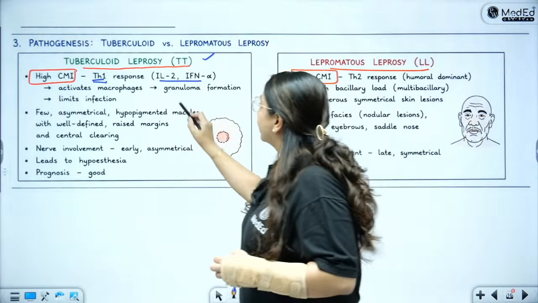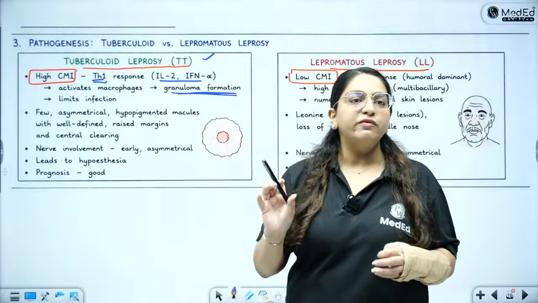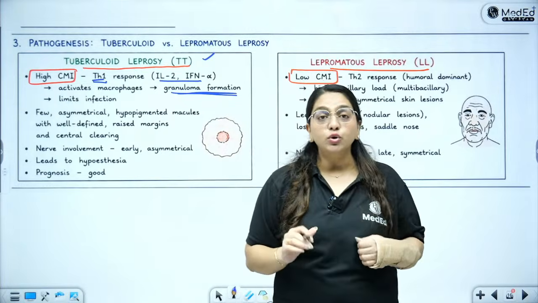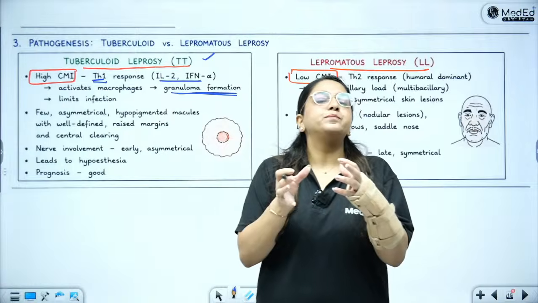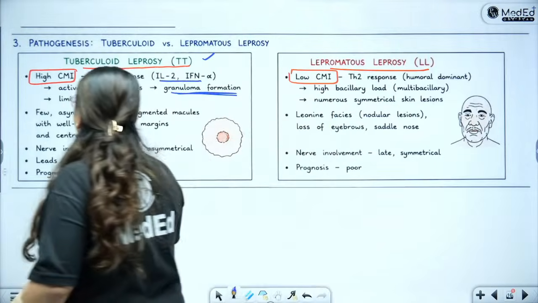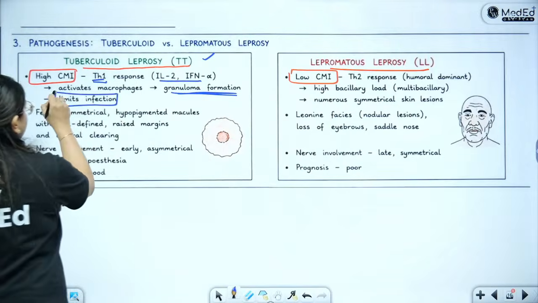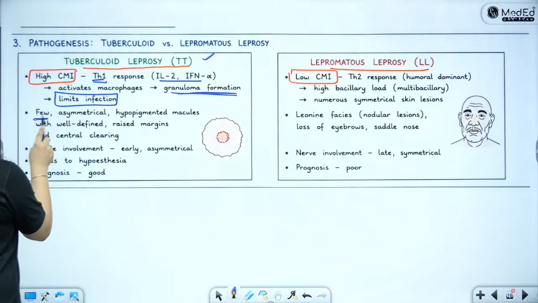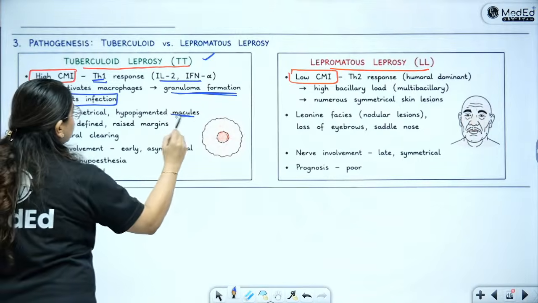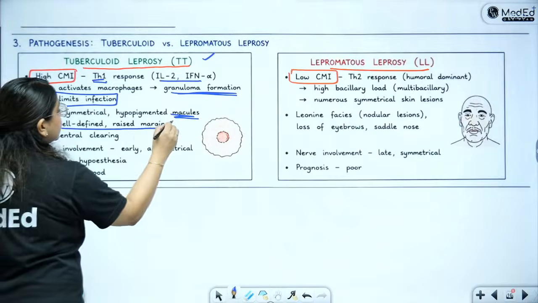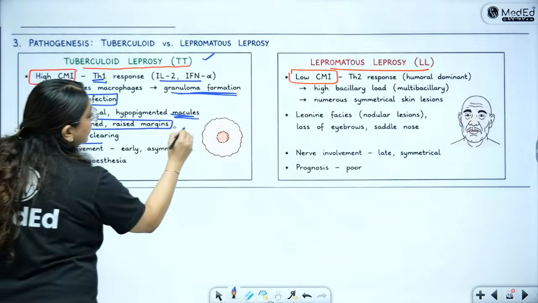The activated macrophages lead to granuloma formation. And what does this granuloma do? It controls the disease. It limits the infection. Therefore, you get few asymmetric hypopigmented macules with well-defined raised margins and a central clearing. So you draw this.